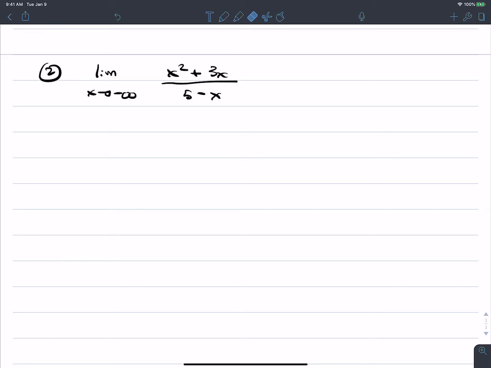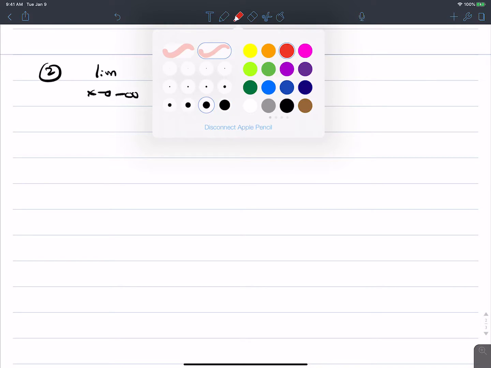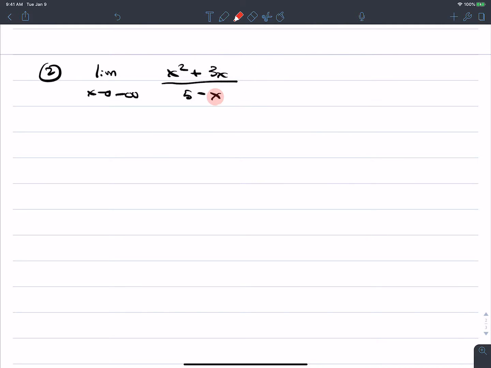So again, we're going to divide by what? Yeah, the highest what? The highest power for the variable in your denominator. In this case, it's going to be an x, right? So here's what you get. The limit, x goes to minus infinity, x squared over something, plus 3x over something, over 5 over something, minus x over something.